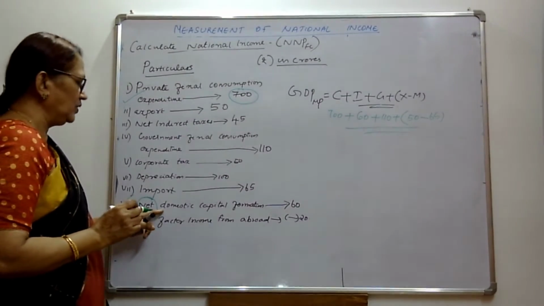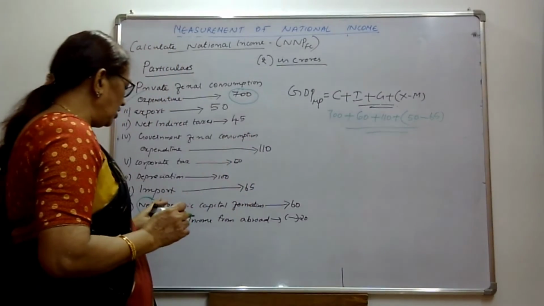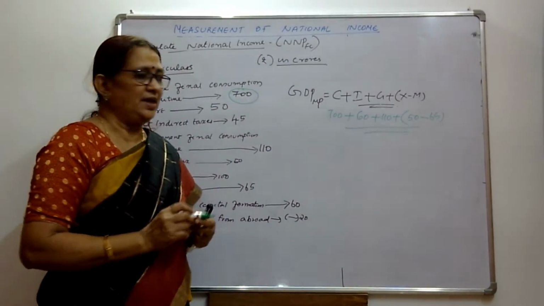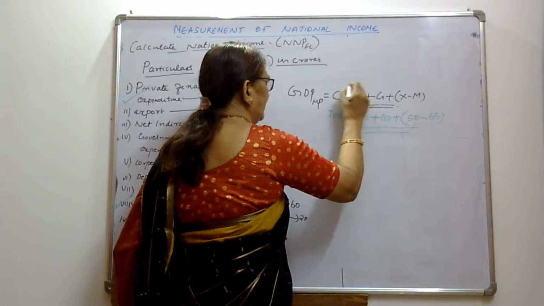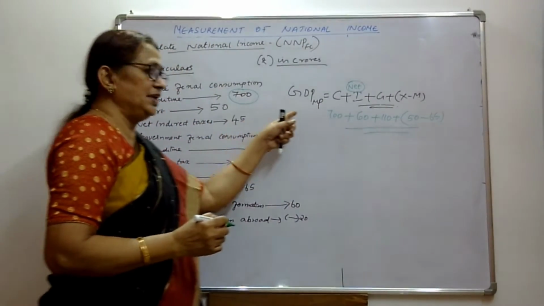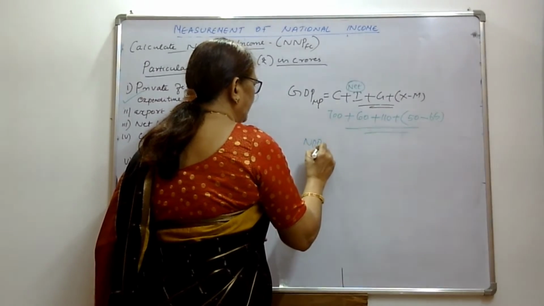If it were gross, we would get GDP at market price. But net domestic capital formation is given, so we will directly get NDP at market price.